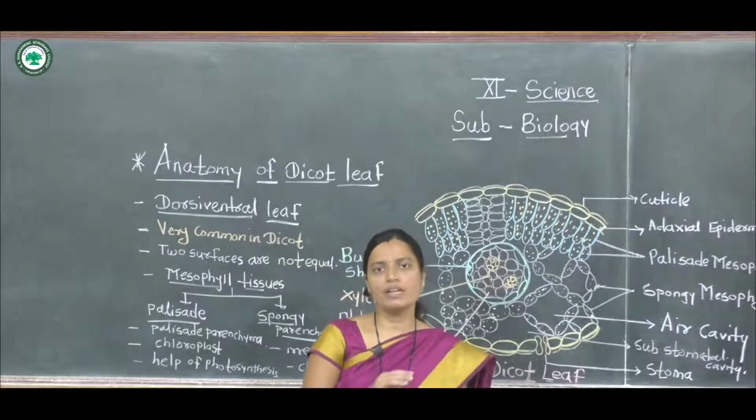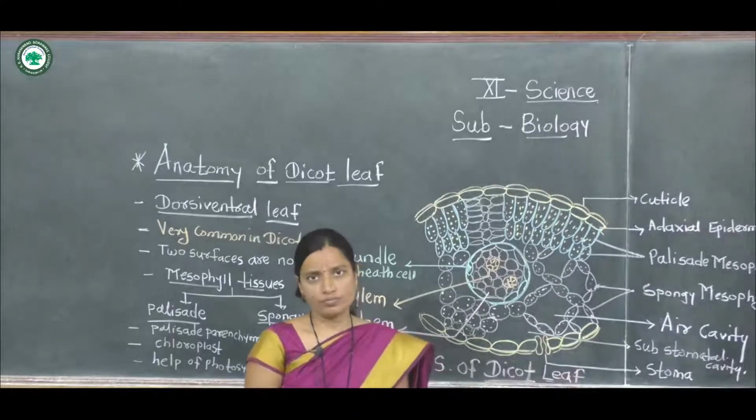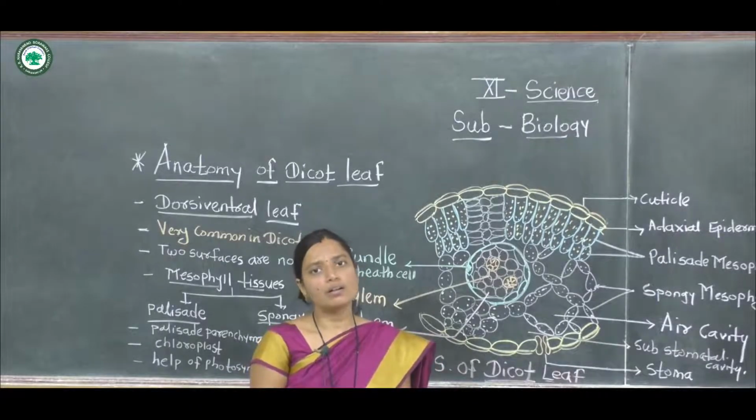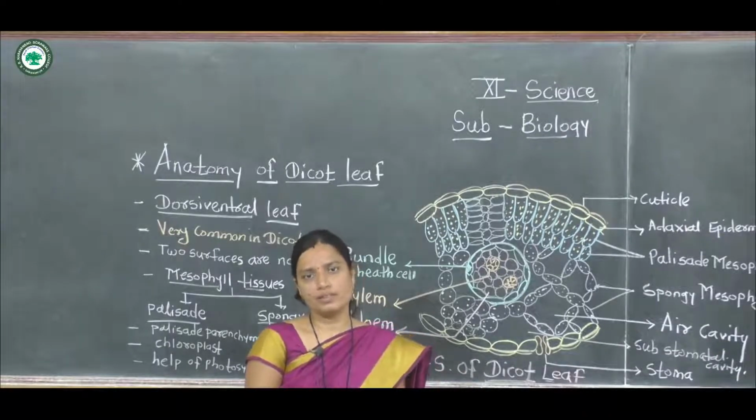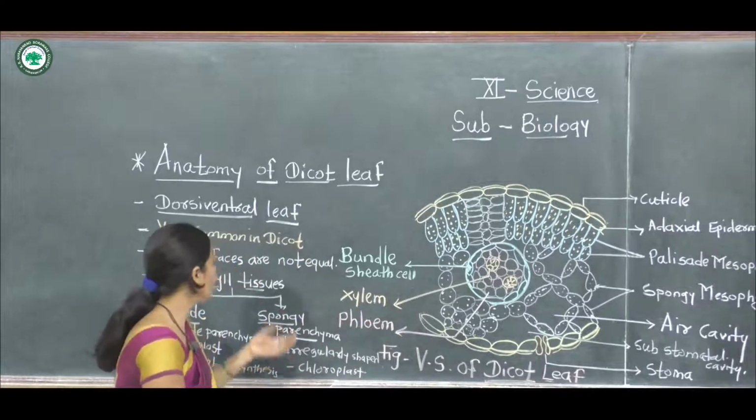The dorsal surface is darker green, and the lower surface is less dark, and the structure of this leaf shows different parts.